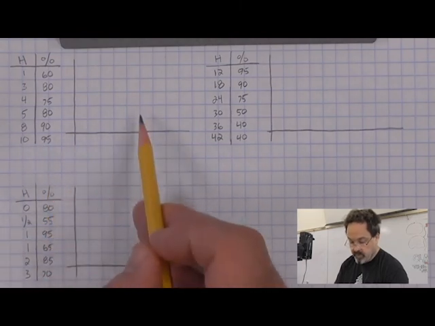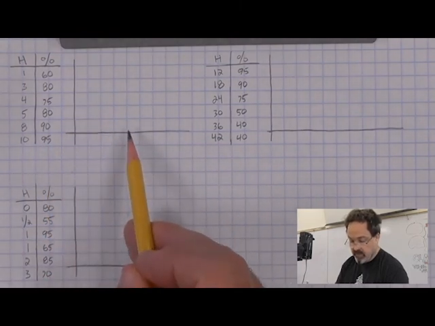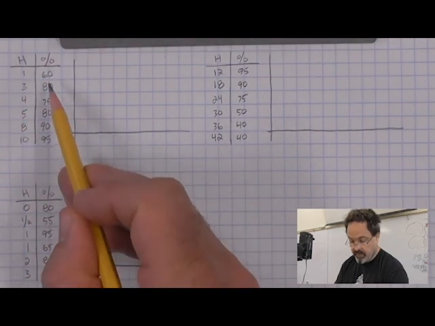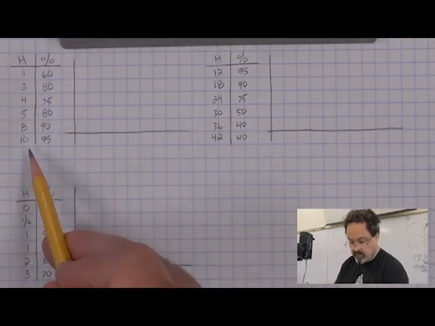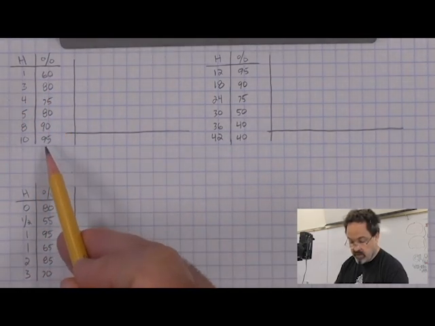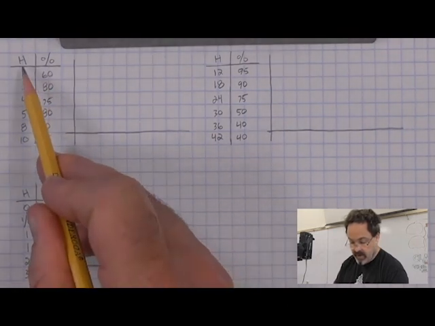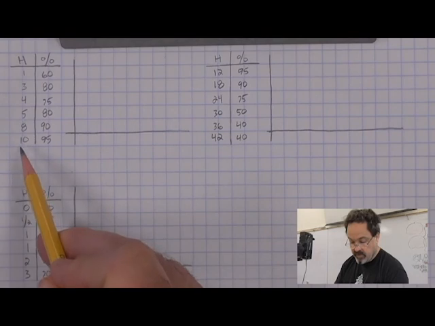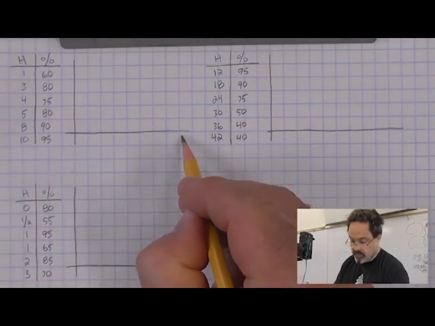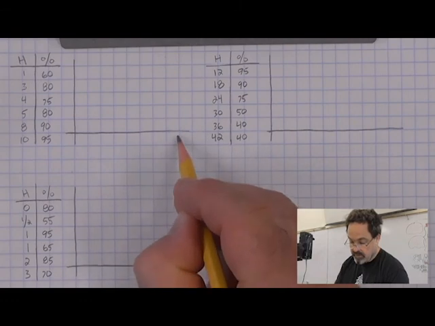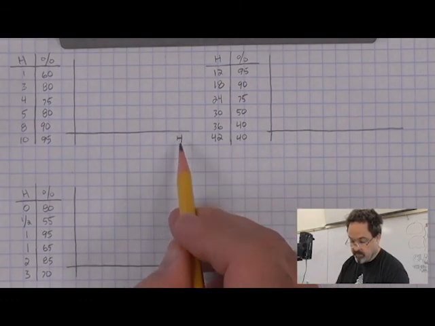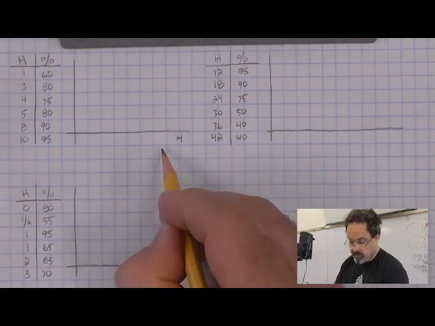Remember, the best way if we're going to draw a graph by hand, and we already have the information here, is to look to the highest values in the table. In this case, hours, which is a measure of time, has a highest value of 10. I'm going to label the horizontal axis the h-axis, and I'm going to think of h as a measure of time.